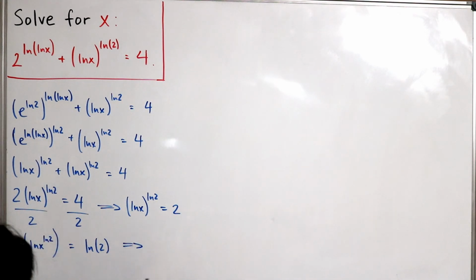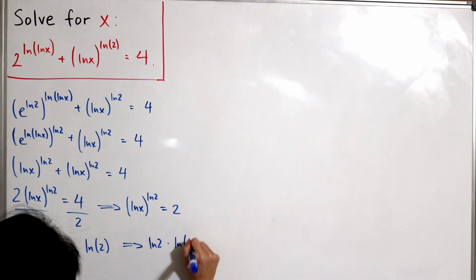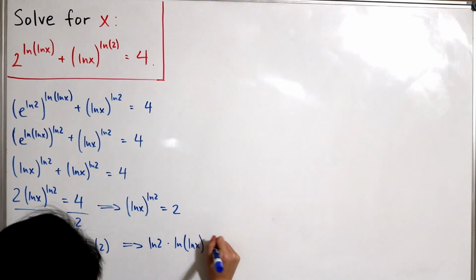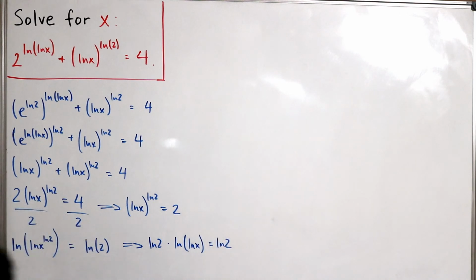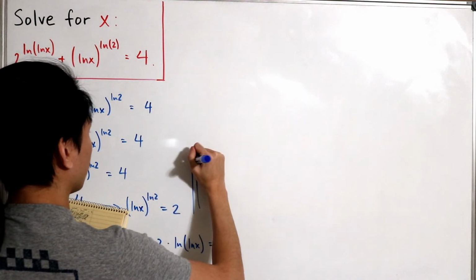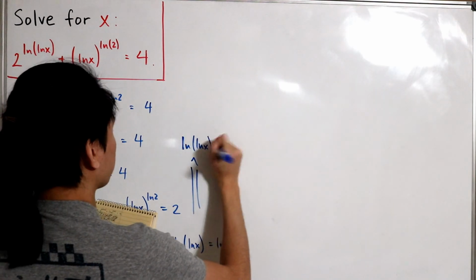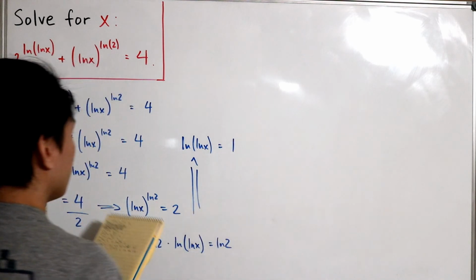So we have ln of 2 multiplied by ln of x set equal to ln of 2, which is nice, because I can divide ln of 2 from both sides, and we're just left with the natural log of x set equal to 1.